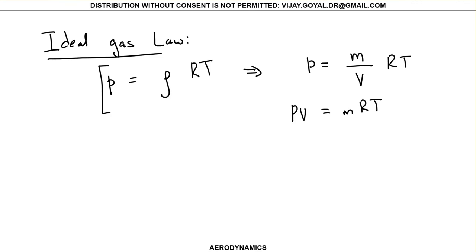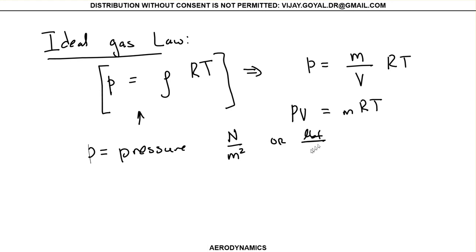So in this equation, P is nothing else than pressure, and the units of pressure are N per m squared, or pound force divided by inches squared. Many times we call this PSI, and we may use pascals.